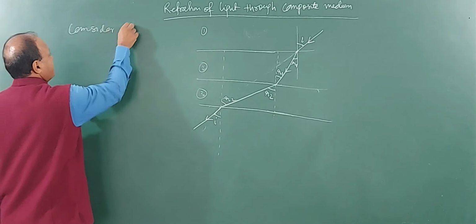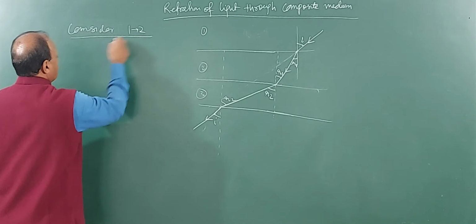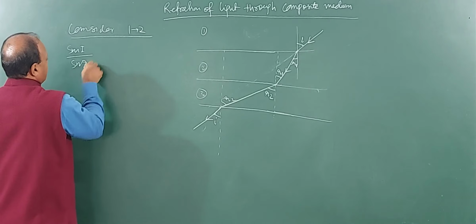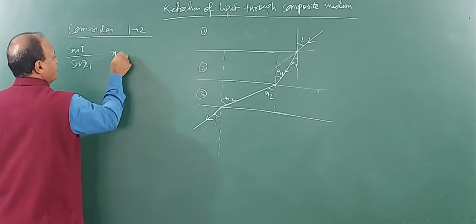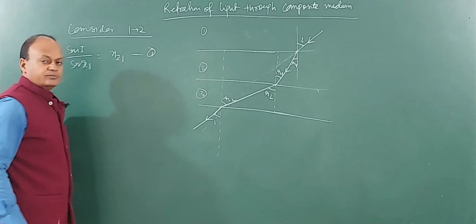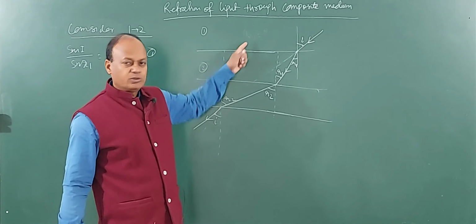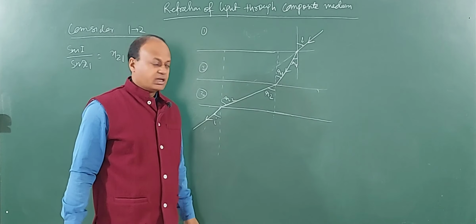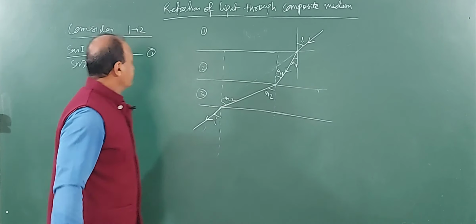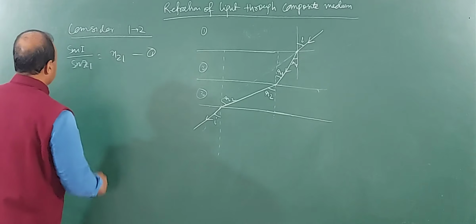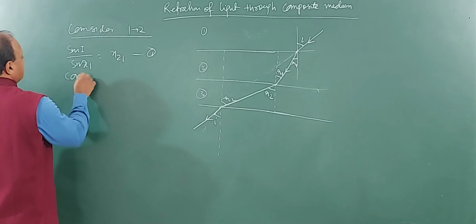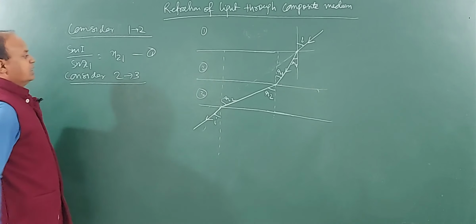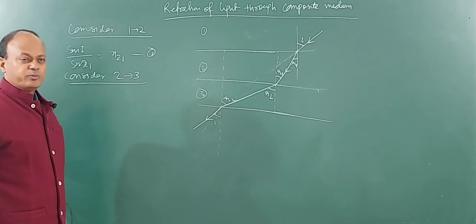Let's see here. Let's consider refraction from 1 to 2. So sine of I divided by sine of R1 will be the refractive index of 2 with respect to 1, because the ray is going from 1 to 2. Now, when the ray is going from 2 to 3, we consider refraction from medium 2 to medium 3.